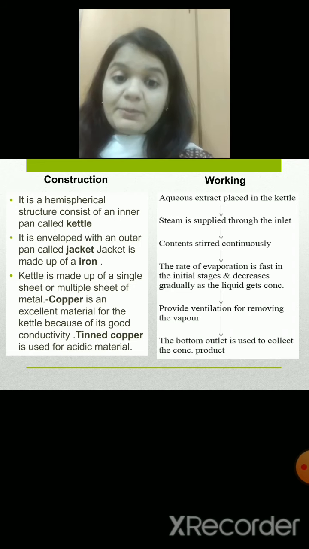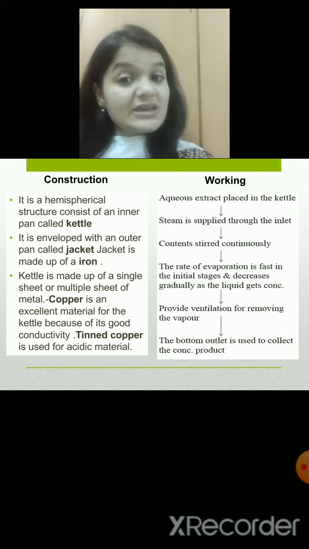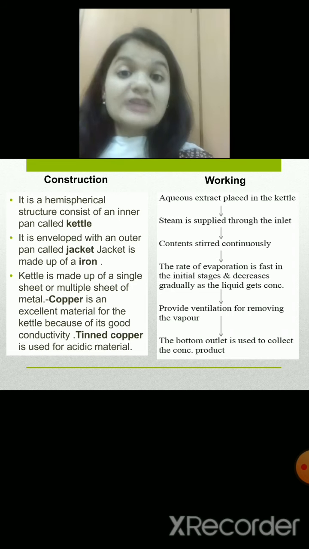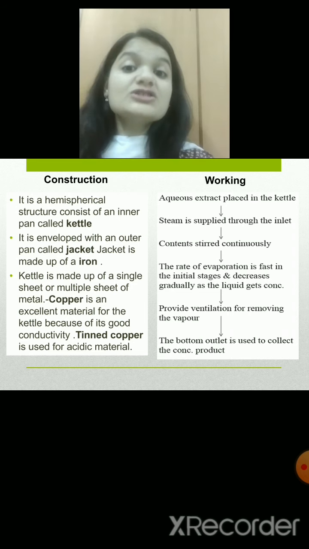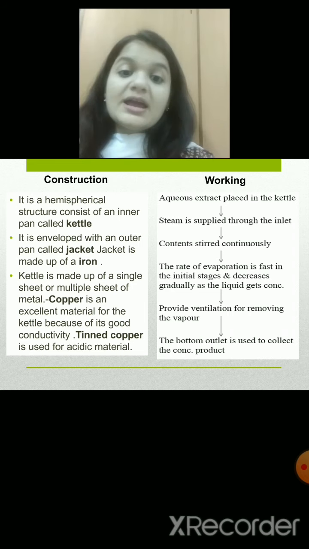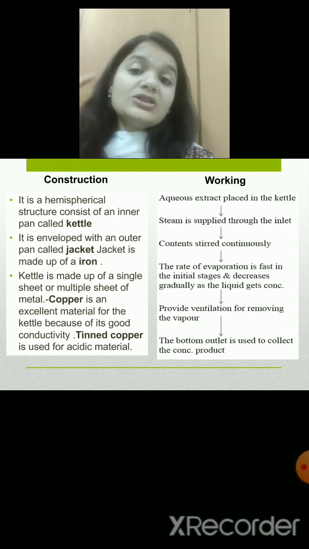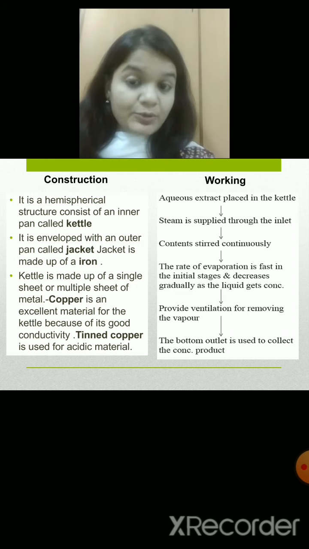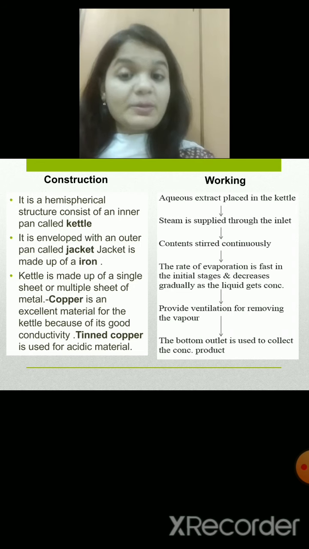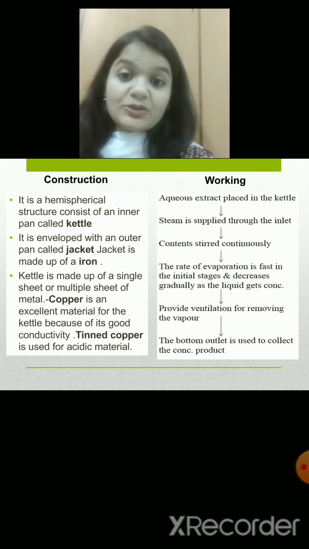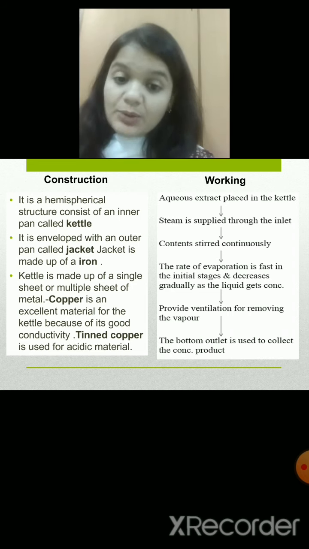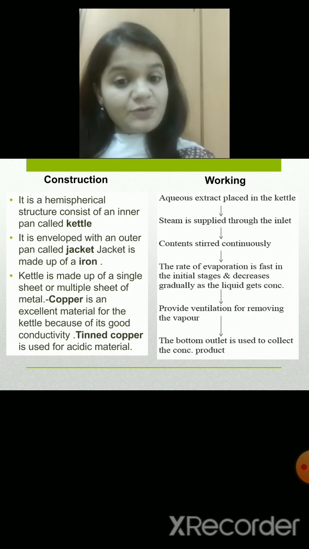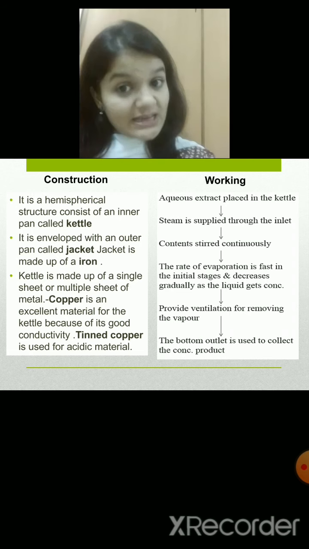The rate of evaporation is fast in the initial stages, but it decreases gradually as the liquid gets concentrated, because it forms the film, which is a hindrance to the heating. Now, on the top, the solvent gets evaporated, so ventilation should be provided to remove the vapors. Now the concentrated product, or the liquid product you can say, is collected from the bottom, as we have seen in the figure.